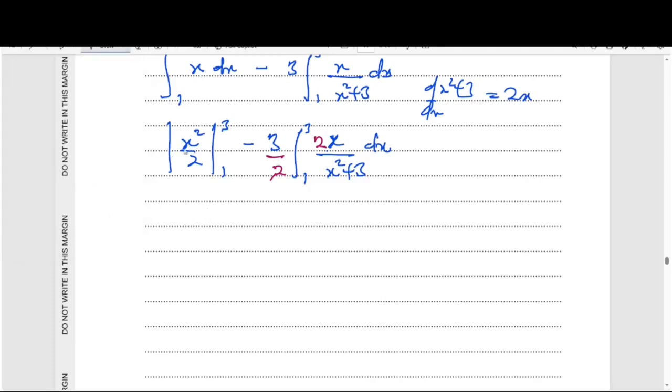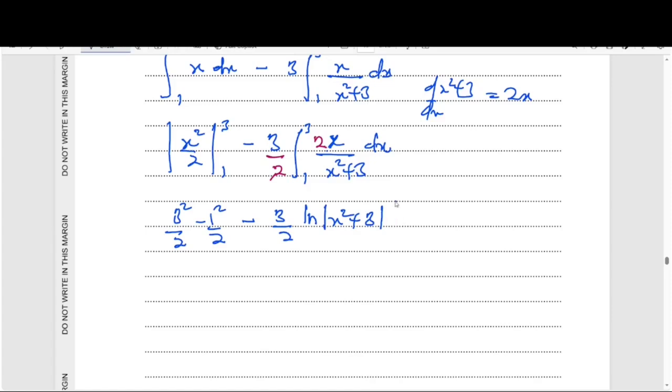So at the left side, at the first term, we can do our substitution and get 3 squared over 2 minus 1 squared over 2. Then next step we have 3 over 2. Now that everything works perfectly, we need to write ln of x squared plus 3 as our integral.